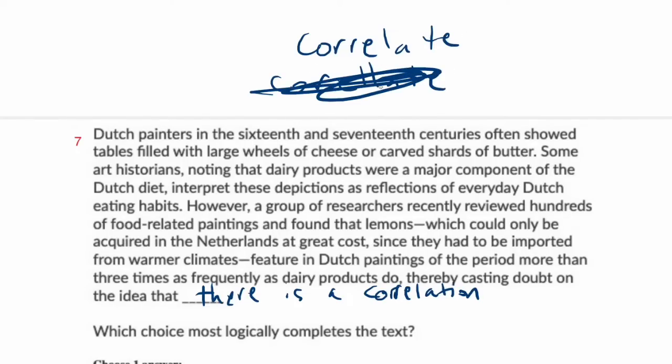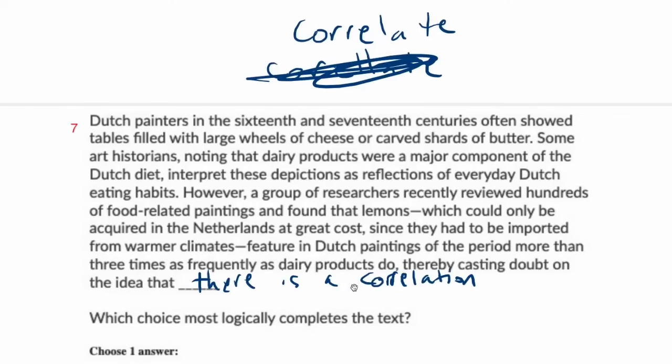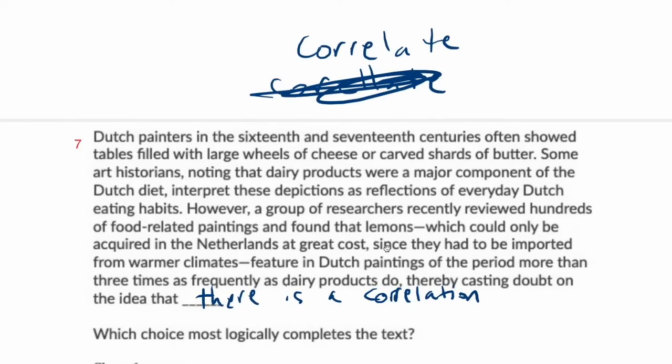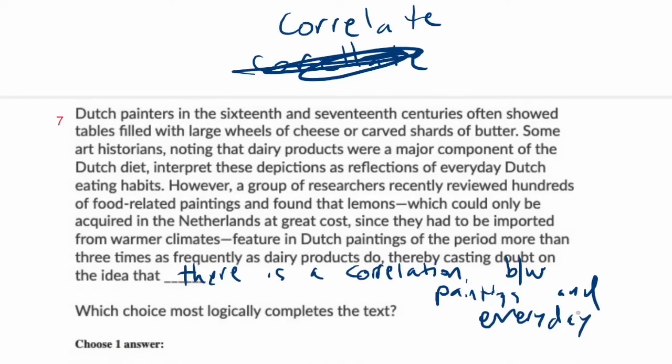I think it's that. Usually a pretty good speller, but anyway, it casts doubt on the idea that there's a correlation between, I'm just going to say paintings and everyday life, but what I mean by that is how frequently a certain food item appears in a painting relative to how frequently it is eaten, or how much it is a part of people's everyday diet.